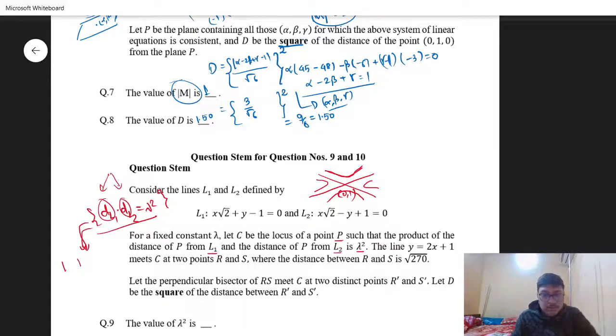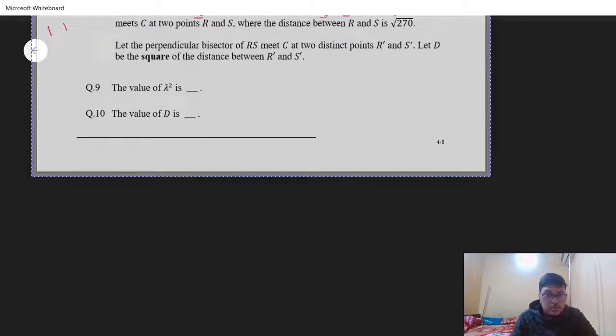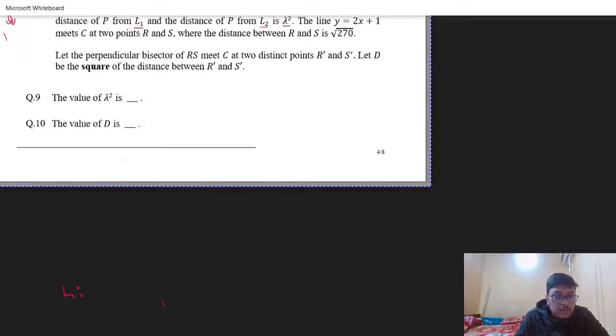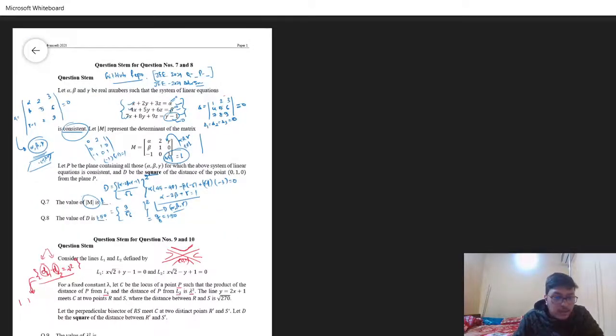Let us find out the locus. L1 is x root 2 plus y minus 1 equals 0, and L2 is x root 2 minus y plus 1 equals 0.